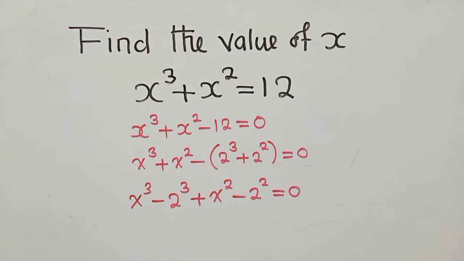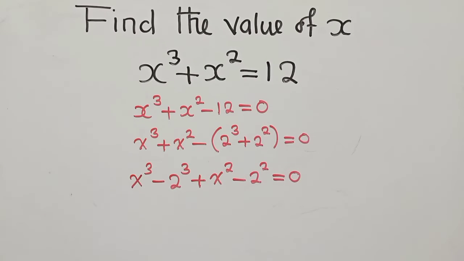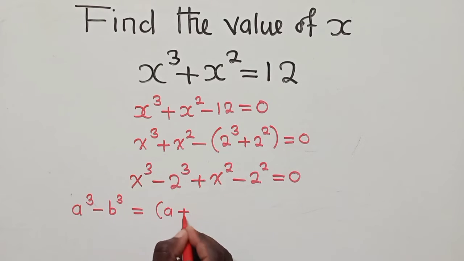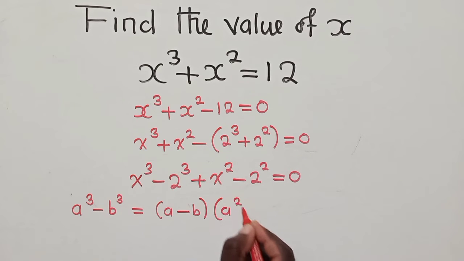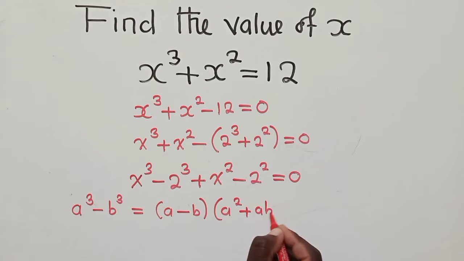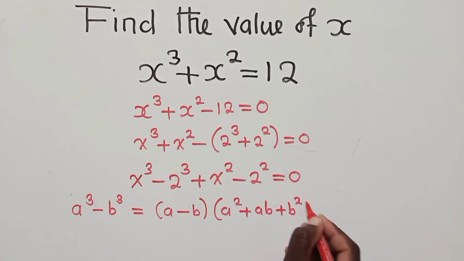Now the next thing here will be to use the formulas. Pay attention to these formulas. They are very, very important. Let me write them here. The first formula is a power 3 minus b power 3, which is equal to a minus b, and then a power 2 plus ab plus b power 2.